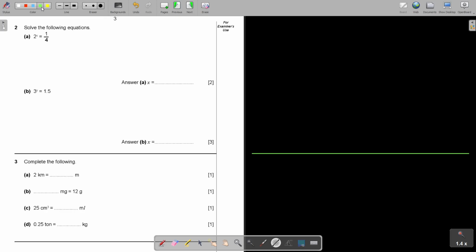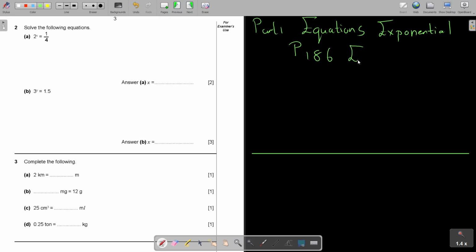So if you look at this one, it's part 1, exponential equations, on page 186. And you can look at example 10. That will help you.